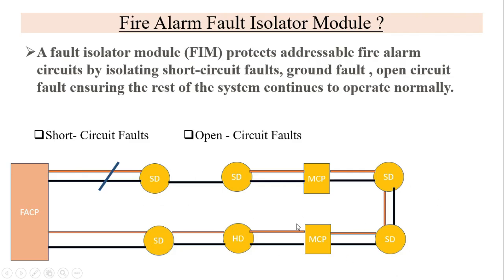Another fault is ground fault. That means when a neutral or phase, a bare wire or something, touches the body terminal of the detectors or somewhere in the ceiling, the current is leaking somewhere and this fault occurs, and in this condition also the whole loop will be interrupted.